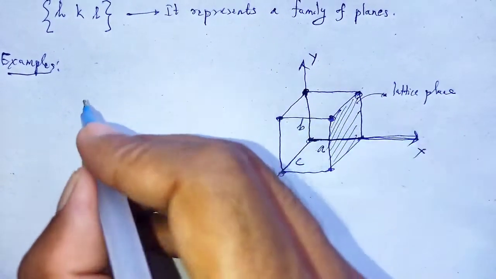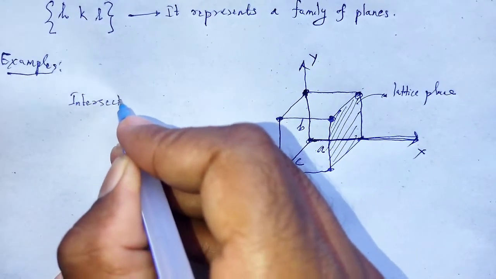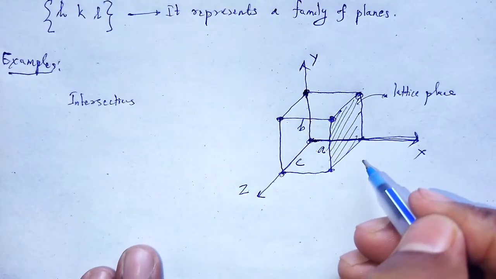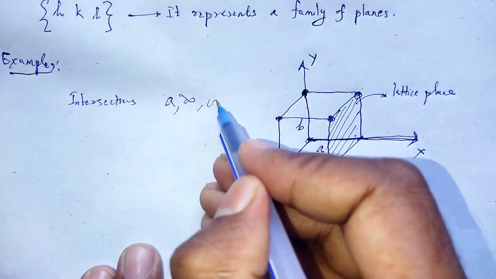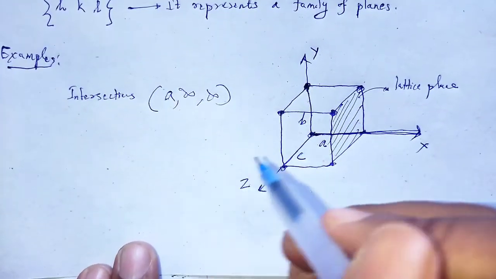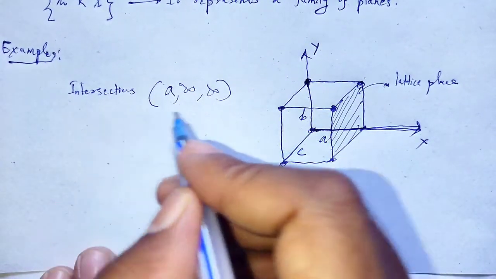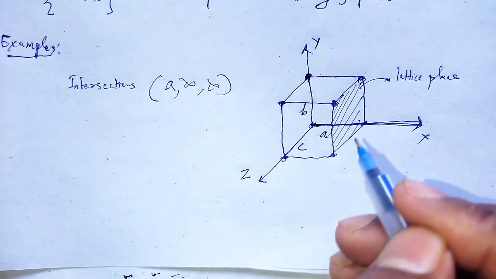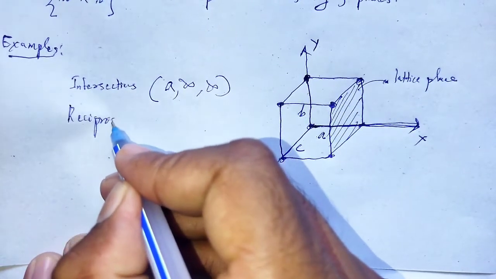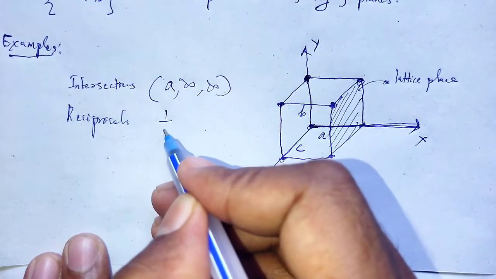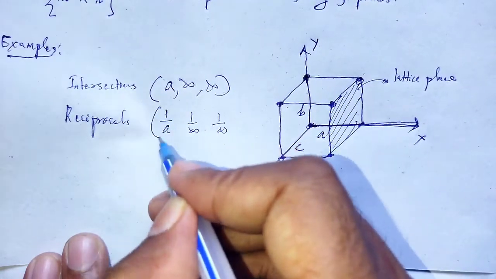So the intersections are A, infinity, infinity. These are the intersection points. Then you have to take the reciprocals: 1 by A, 1 by infinity, 1 by infinity.